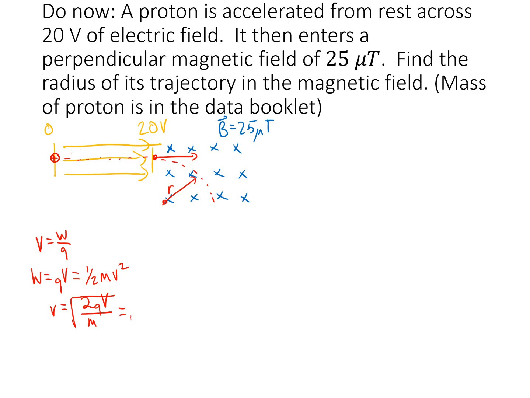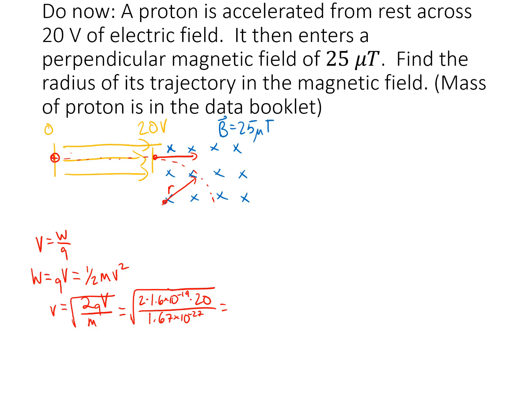So plug that in. 2 times the charge on a proton, 1.6 times 10 to the minus 19 coulombs, times 20 volts, divided by the mass of a proton. Let me quickly look that up. Mass of a proton is 1.67 times 10 to the minus 27 kilograms.